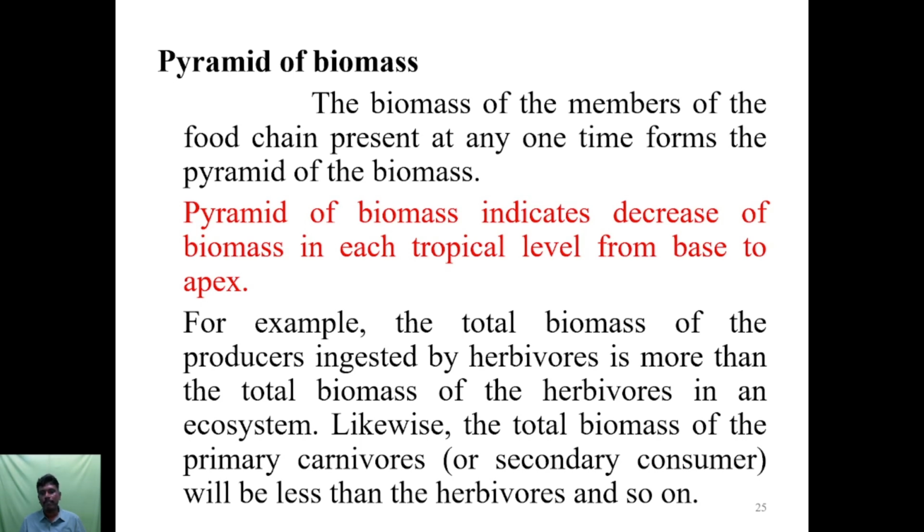For example, the total biomass of the producers ingested by herbivores is more than the total biomass of the herbivores in an ecosystem. Likewise, the total biomass of the carnivores or secondary consumer will be less than the herbivores and so on.